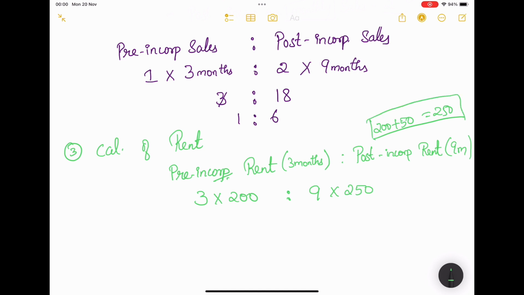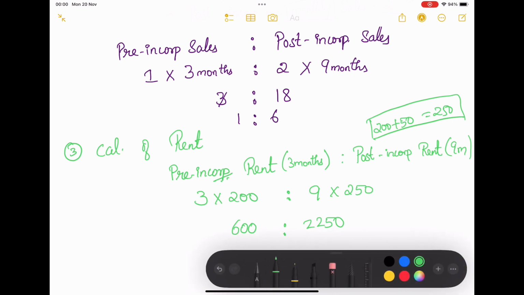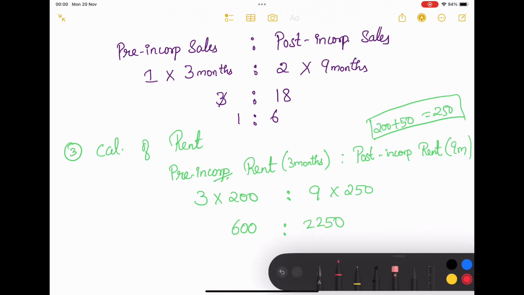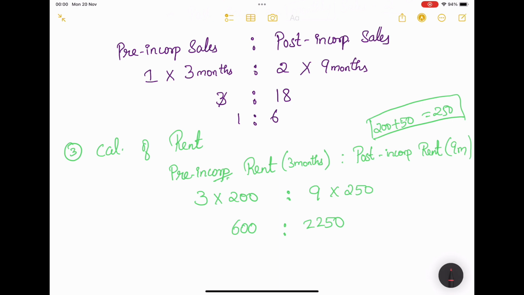So 3 into 200 will be 600 is to 9 into 250, which is 2250. Got it? You understood? Yes, but if you add both values you will get only 2850.